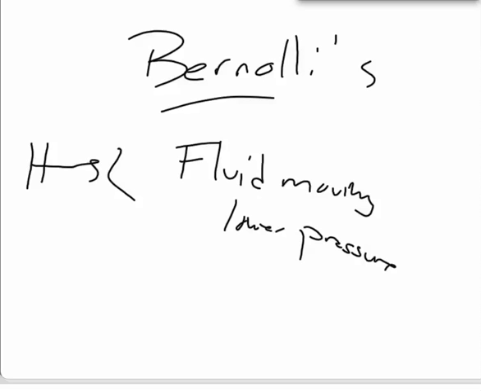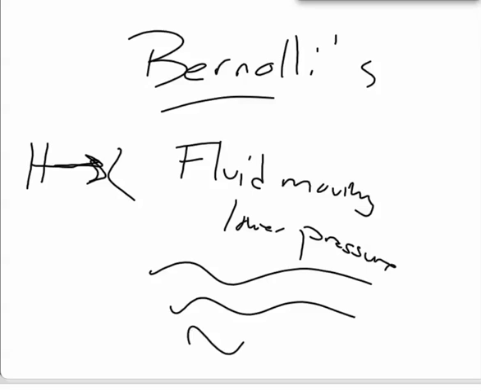But this idea that pressure goes from high to low is very important because, okay, let's say you have a moving fluid, right? So Bernoulli says, well, within the moving fluid, this is a lower pressure, which means that the pressure around it is higher. So it goes from high to low, so it's pushing in this way.